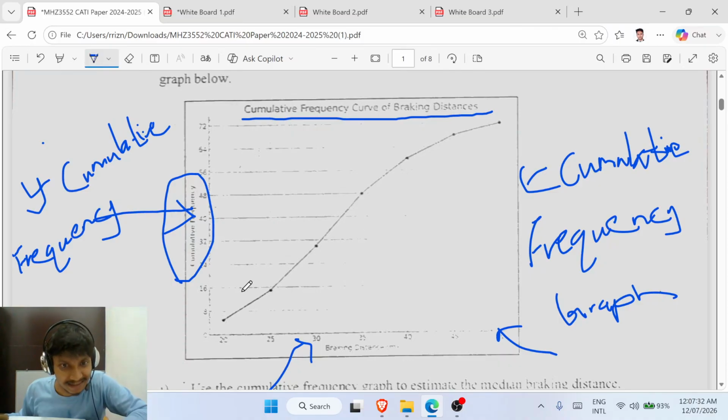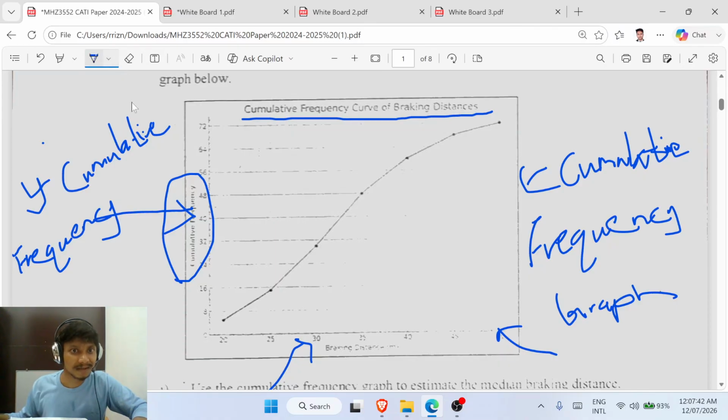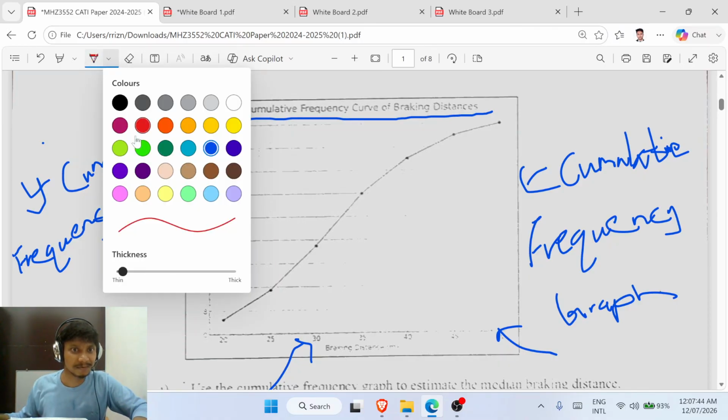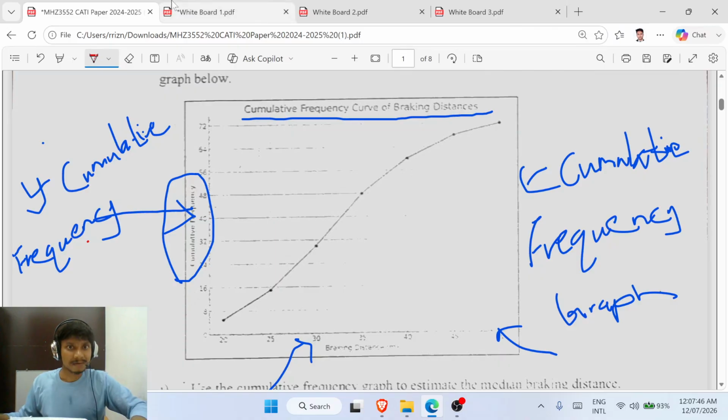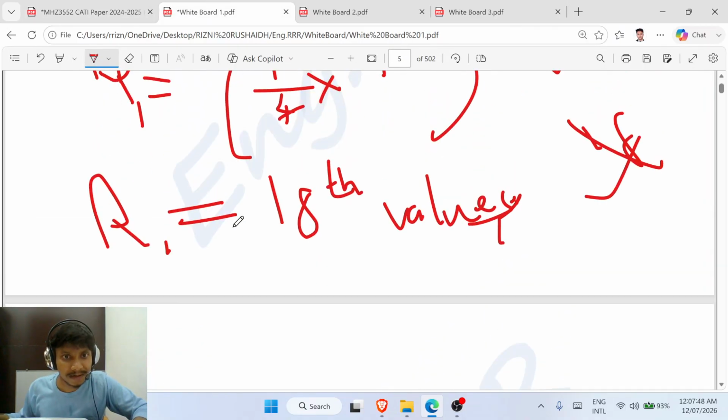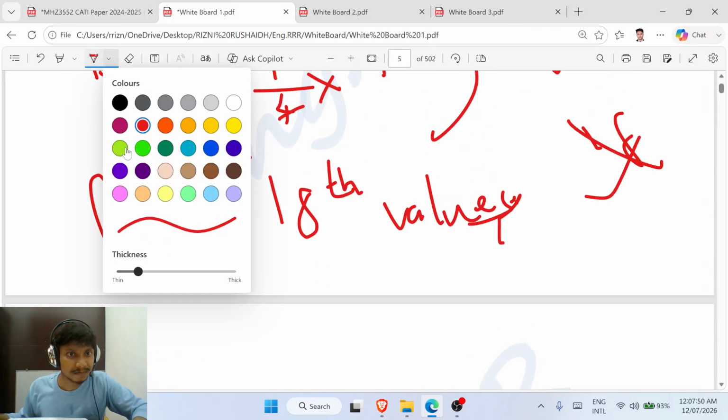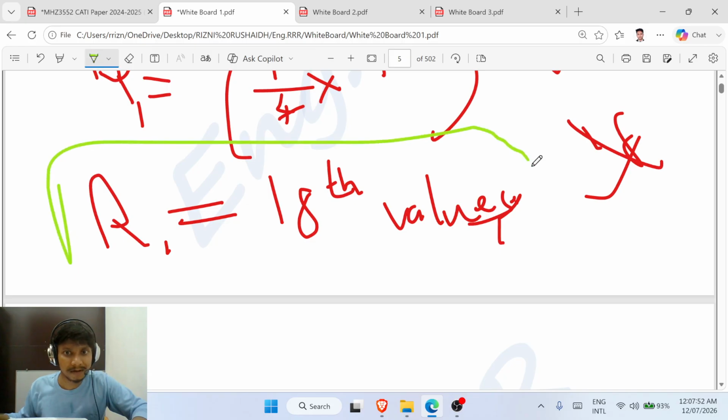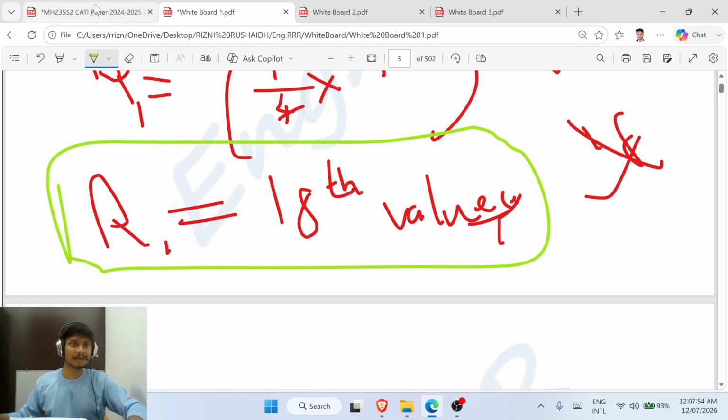As an engineering student, we must estimate the value here. How to estimate the value here? We have found that Q1 is equal to the 18th value.